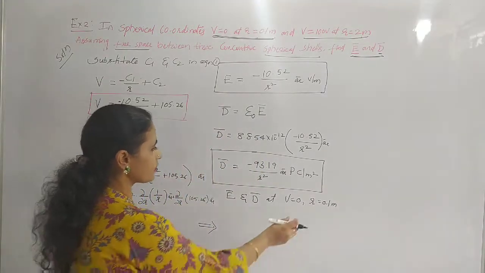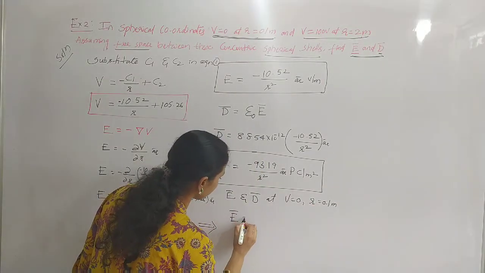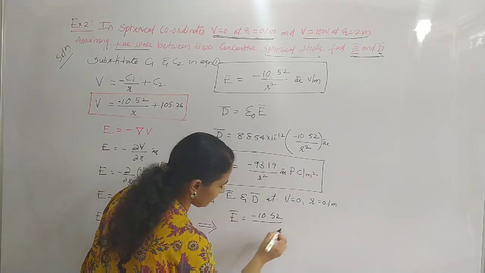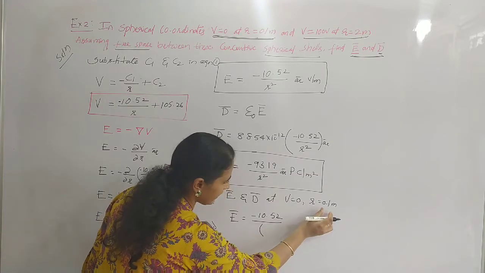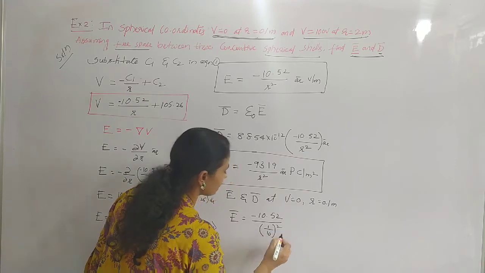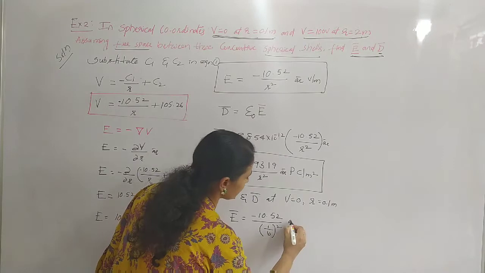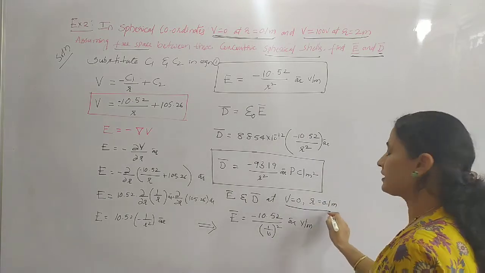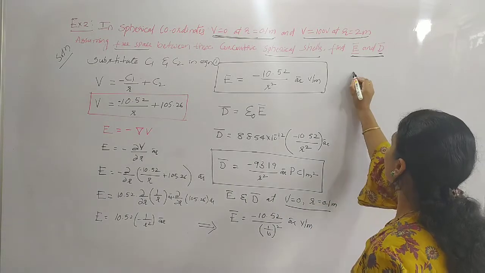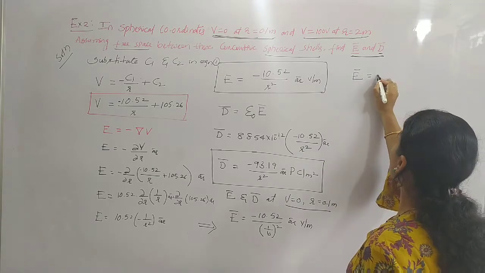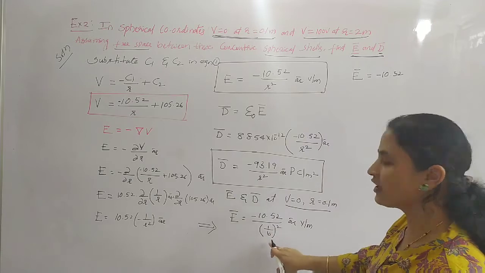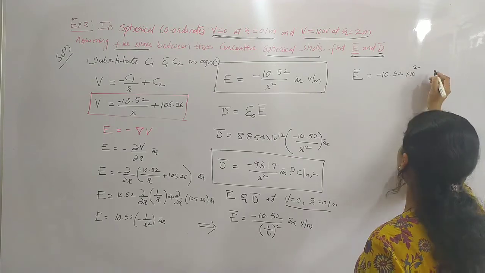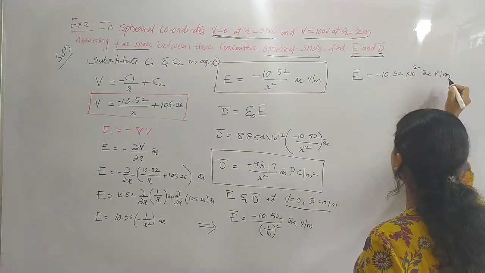E bar is given by minus 10.52 by R square, and I can write 0.1 as 1 by 10, so 1 by 10 square, into 10 square into AR volt per meter.